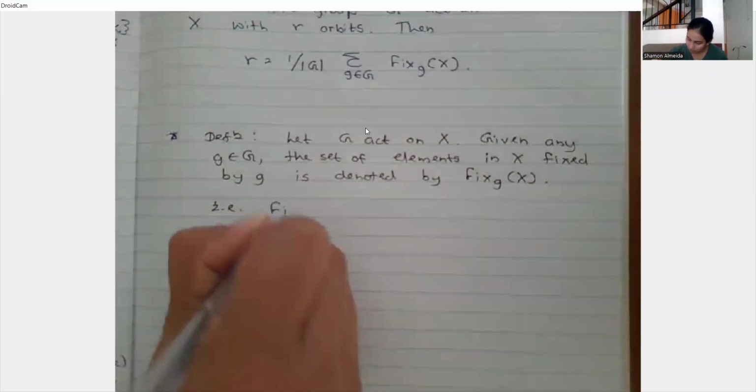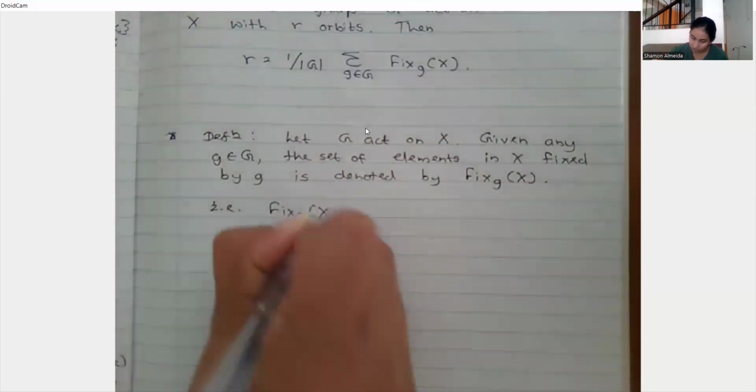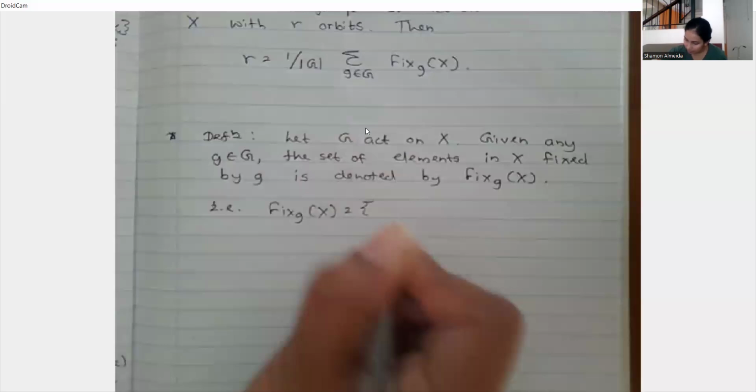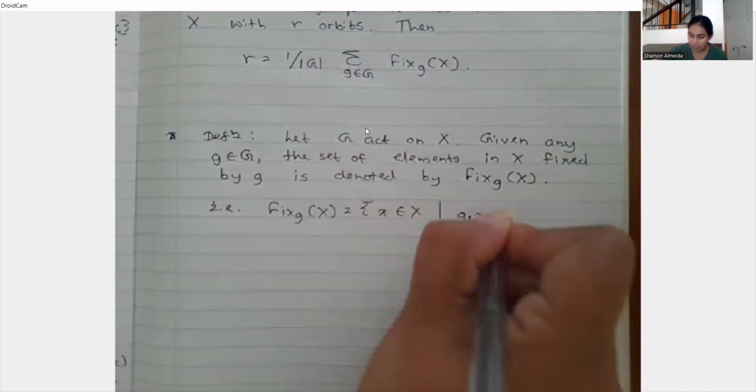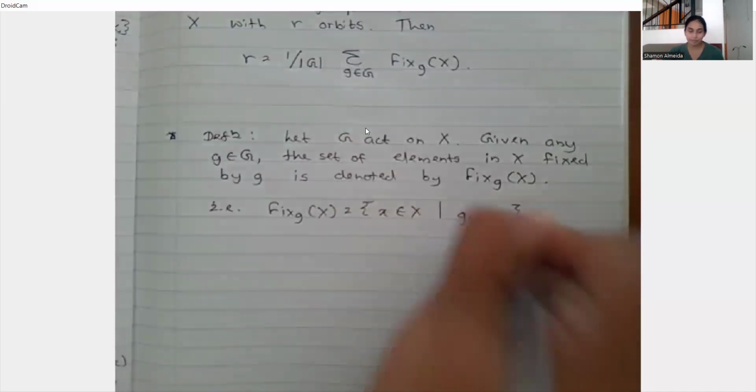So Fix g contains elements x which come from the set X and are fixed by this particular g.